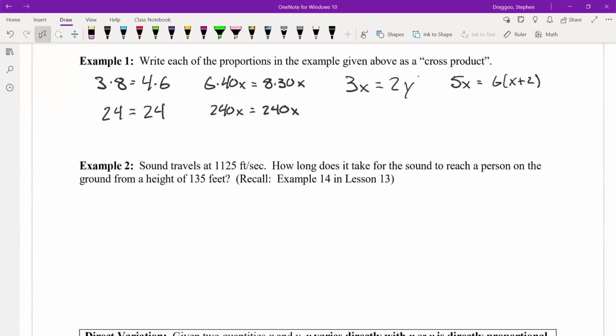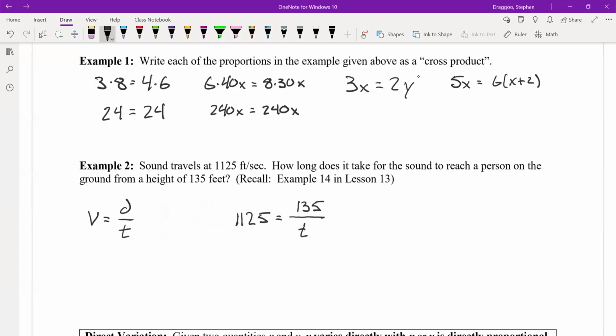Well, I can set up a proportion here, a ratio that works. I know that I have 1,125 feet per second. It should be equal to feet over seconds. So this will be 135 feet over however long it takes. The equation here from physics is that velocity is equal to distance over time.